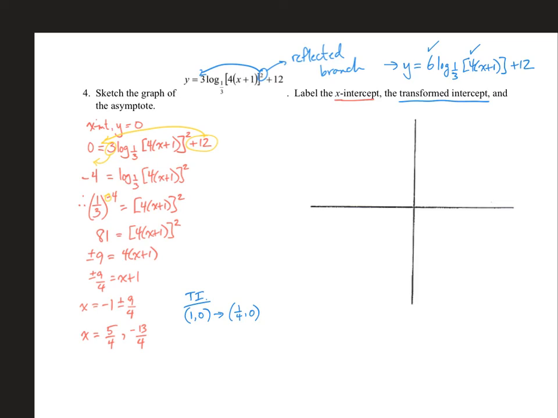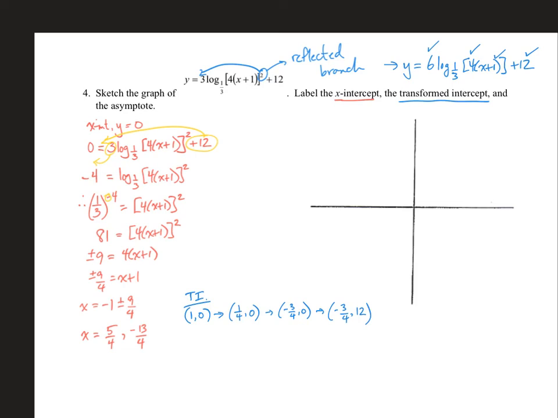Now I shift my graph 1 to the left, which means I'm at -3/4, 0, and then shift it up 12. So I arrive at -3/4, 12. There is me working my way through those 4 transformations to arrive at my graph.